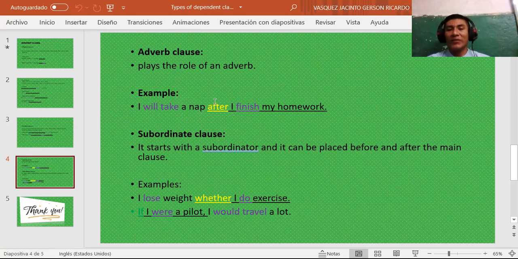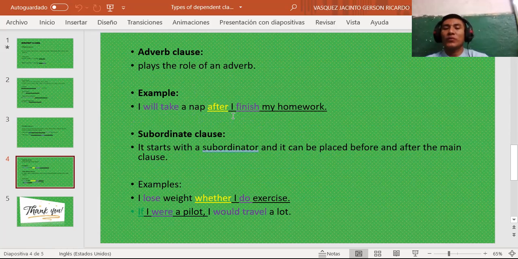You can use the adverb clause at the beginning, before the independent sentence, or at the end, after the independent sentence. In this case, we have our clause after the independent sentence.